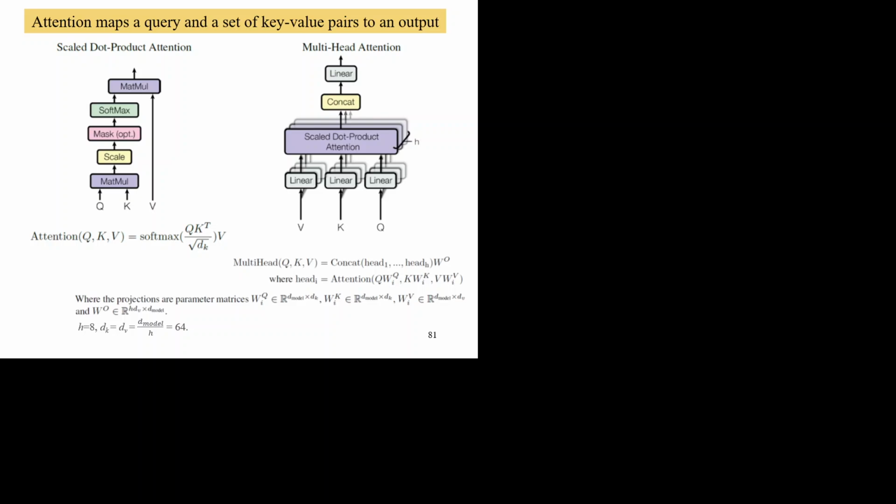Here is the formal explanation of how to compute the attention. You can see the attention mechanism. Here we have Q, K, V. You can think each is a vector. But if you want to make it more efficient, actually Q can be a set of vectors. K and V are also a set of vectors.